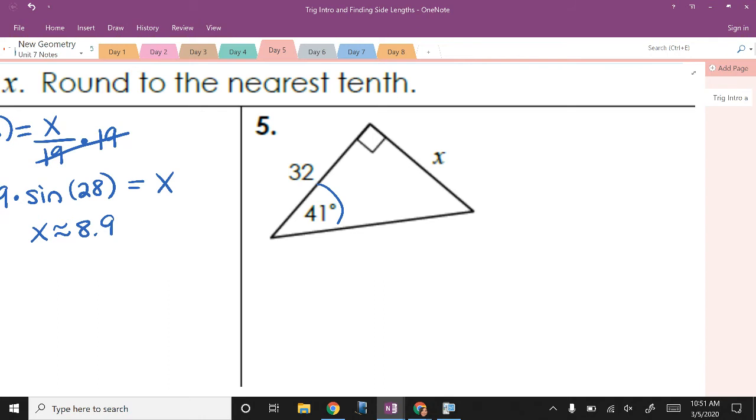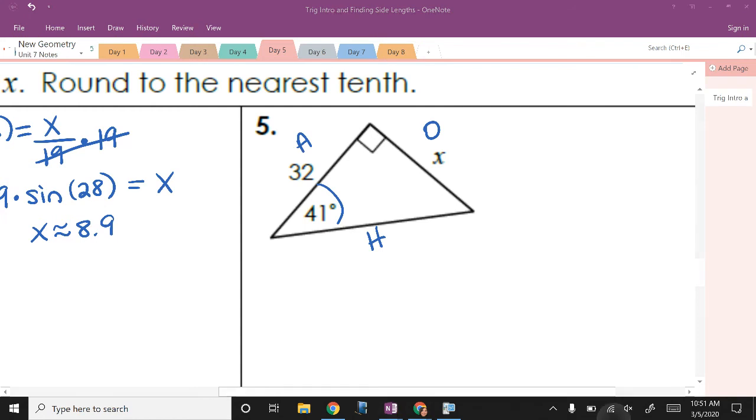Okay? So that x from that 41-degree angle is what? Opposite. 32 is what? The hypotenuse is right here, isn't it? Yeah. So we're not going to use hypotenuse. So this is adjacent.